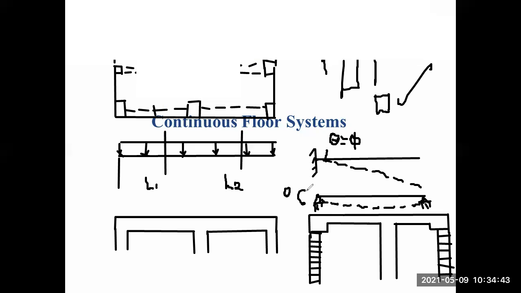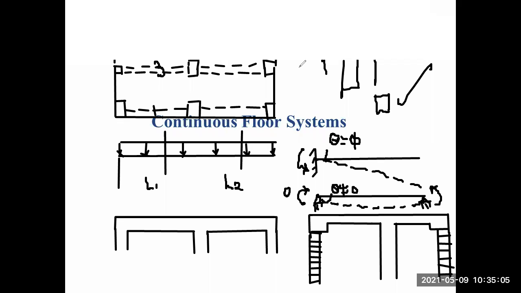Yeah, when the moment is equal to 0, that means you have rotational deformation. So that means theta will not be equal to 0. Here, because we have moment, theta means the angle of deformation.